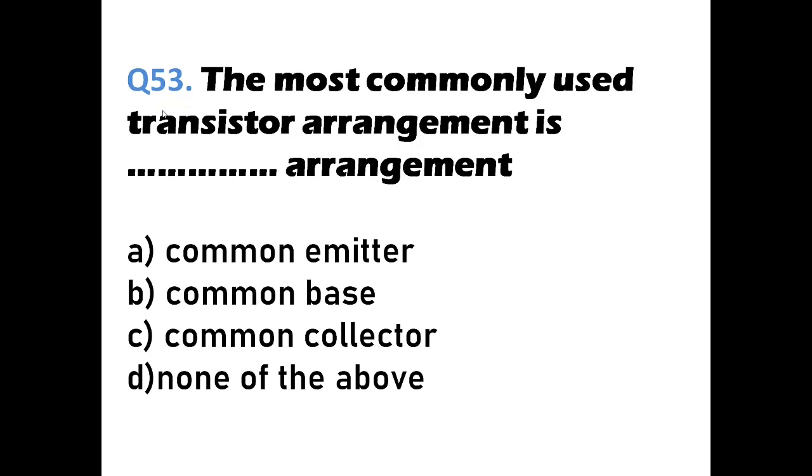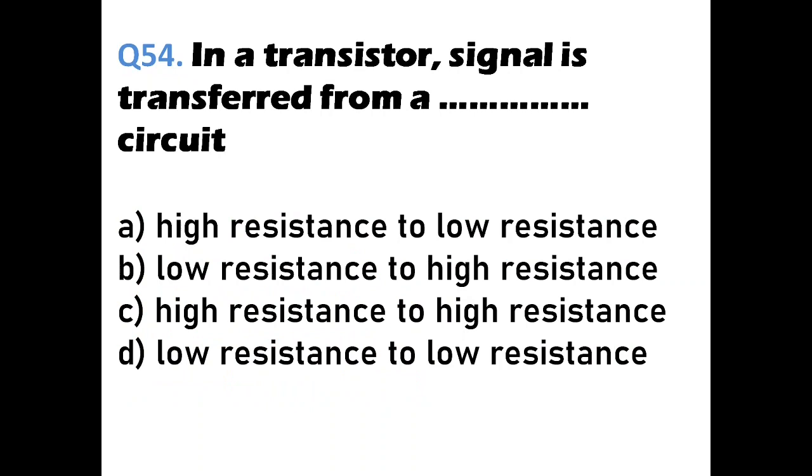So the most commonly used transistor arrangement is common emitter, the arrangement used for amplifiers, oscillators and all those important applications of a BJT. Then we'll go to the next question, question number 54.